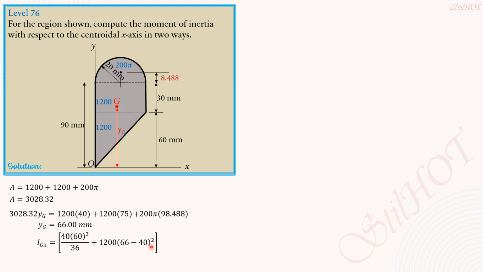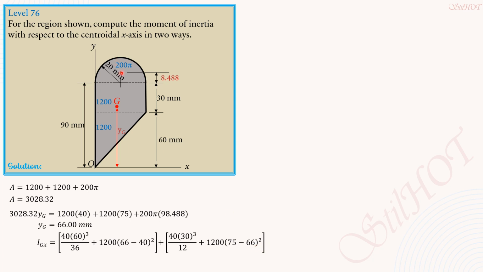Then quantity square. For the rectangle, it is bh cube over 12, so plus 40, 30 cube over 12, plus area 1,200. Remember, its distance from the x-axis is 75, so 75 minus 66 yg, quantity square.